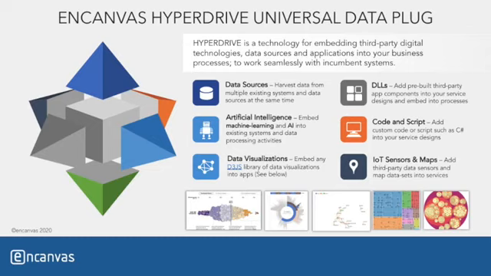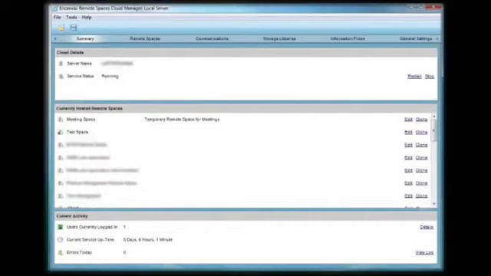For IT people and coders, Hyperdrive is a gateway to releasing a great amount of time lost to creating mundane applications and projects to integrate existing data into sophisticated applications they've built. It means they can concentrate efforts towards sophisticated programming projects and leave the basic application design and data integration work to Encanvas.